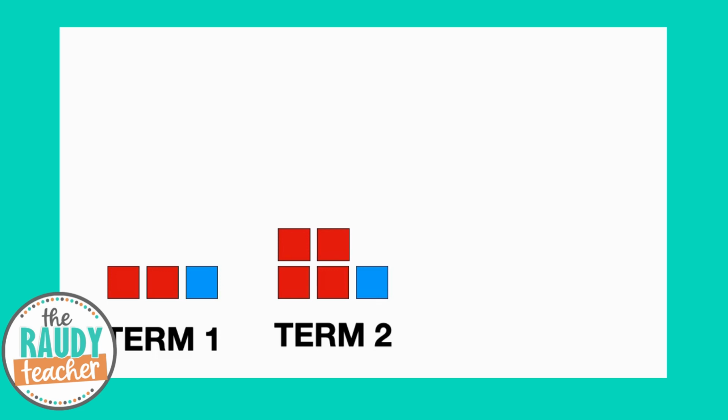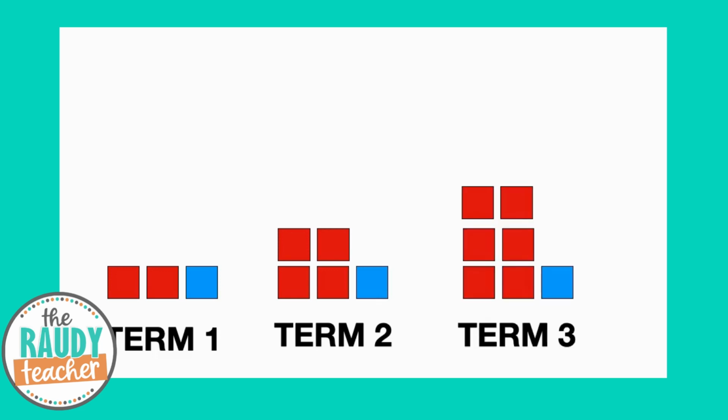Let's take a look at term 3. Look at that again, 1 blue tile, and I've added yet another row of 2 red tiles. But again, I'm still following that pattern. Even though I have a blue tile that's been added to each one, we can see term 1 is still 3, term 2 is still a total of 5, and term 3 is a total of 7.